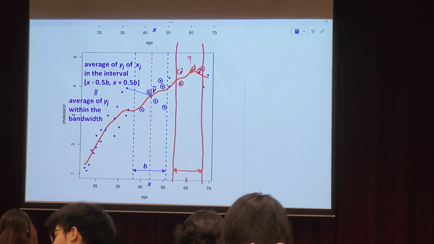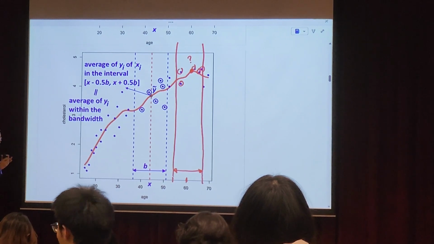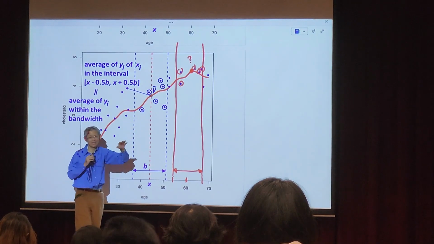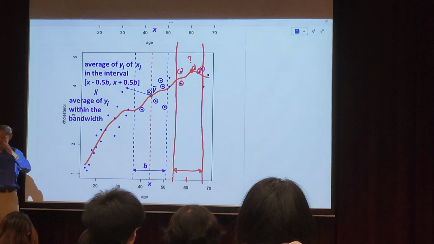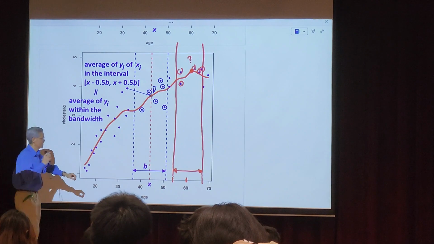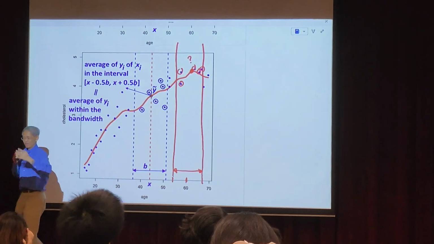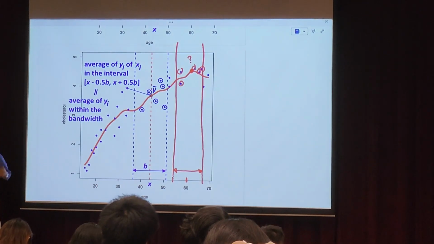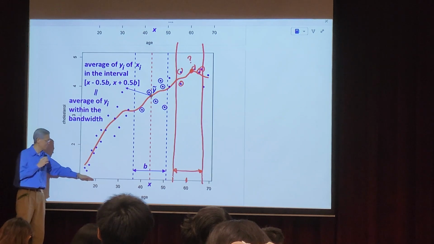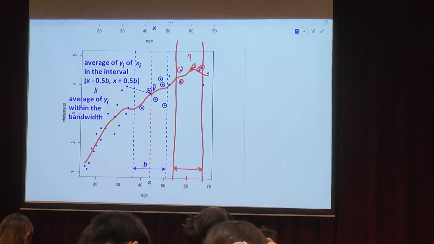So at any X value, I will just calculate. So you can feel that the fitted value is greatly influenced by the Y values near this X, right? If they are high, it'll be high. If it's low, it'll be low. So it's actually adjusting itself according to the points that we have. So that's the idea.